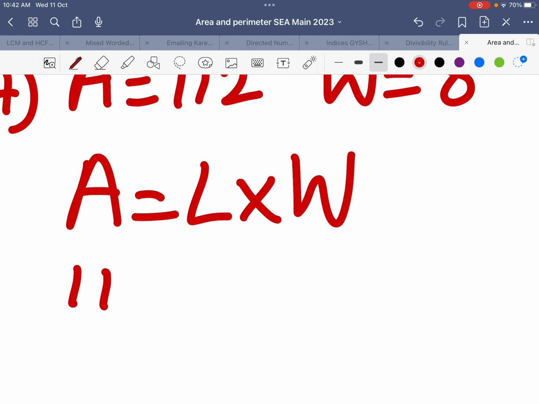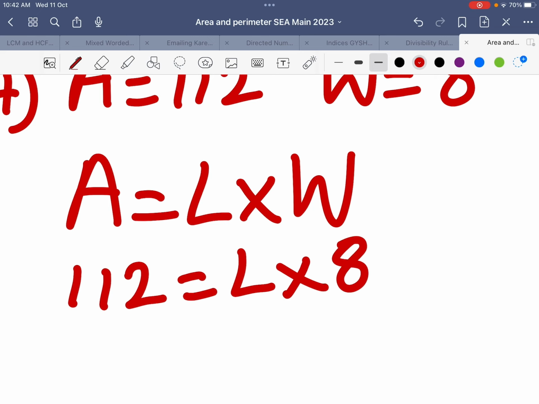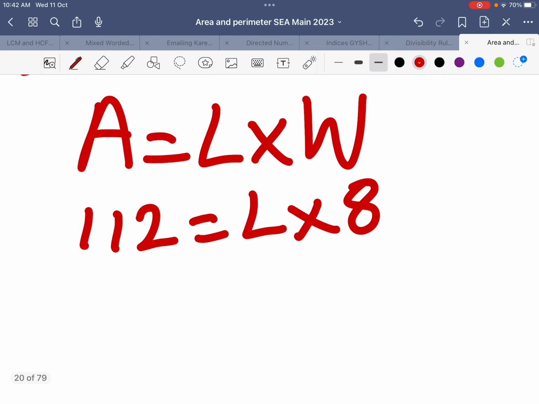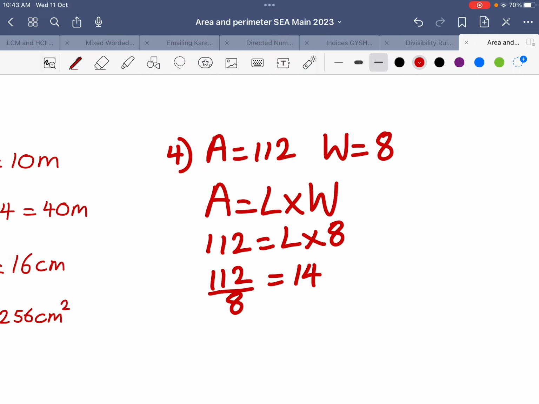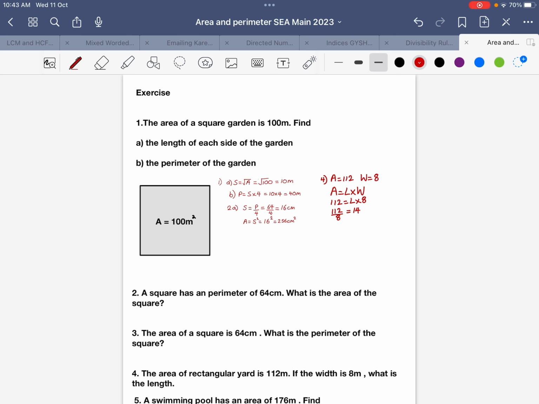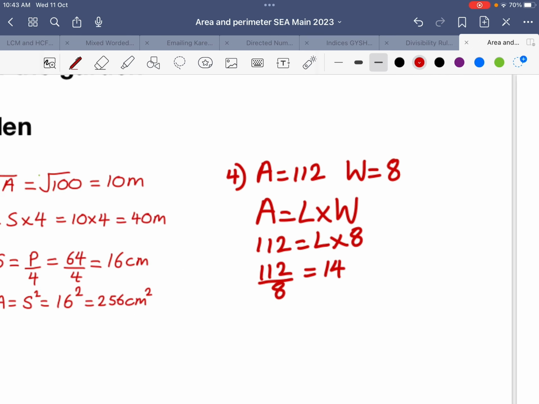So 112 is equal to length times 8. So the length will be 112 divided by 8. Who can tell me what that is? When we divide this, we will get 14. So your answer is 14 meters.